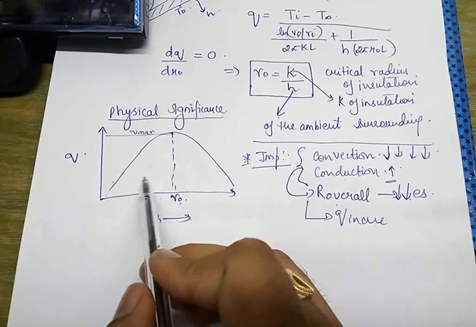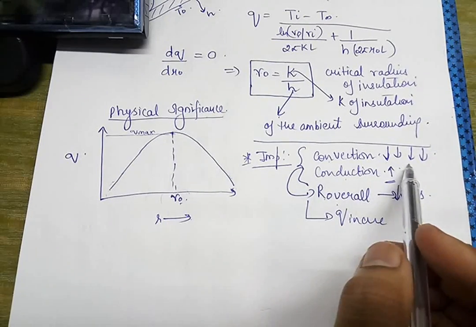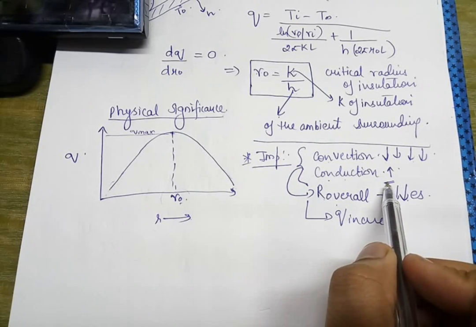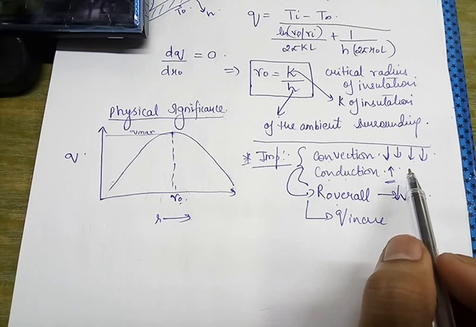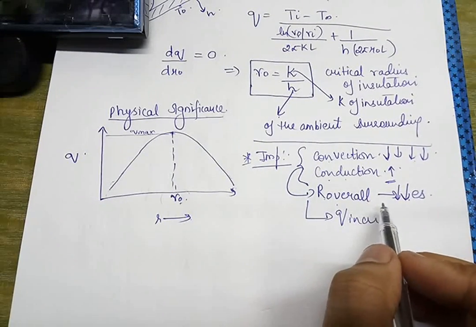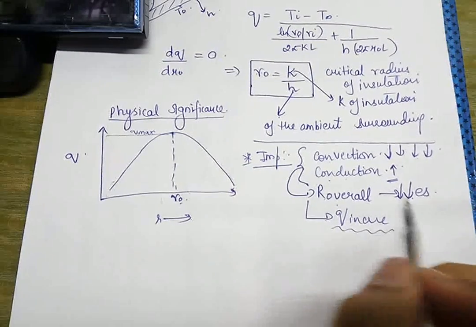This is the reason the heat transfer is increasing: the convection resistance is drastically decreasing and the conduction resistance is increasing only a very little bit, and therefore there is a decrease in the overall resistance, as a result of which the heat transfer is increased.